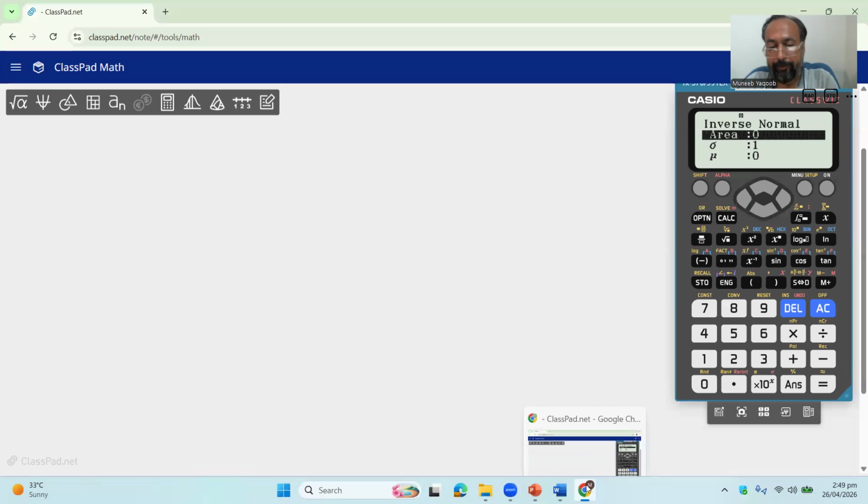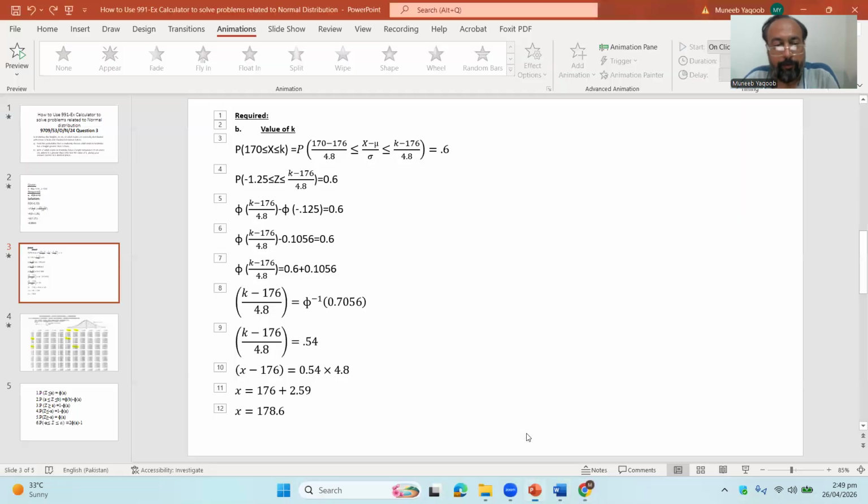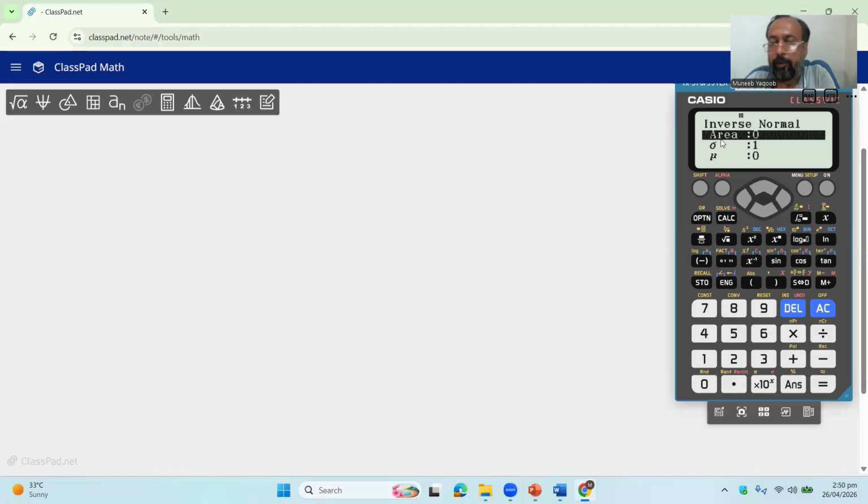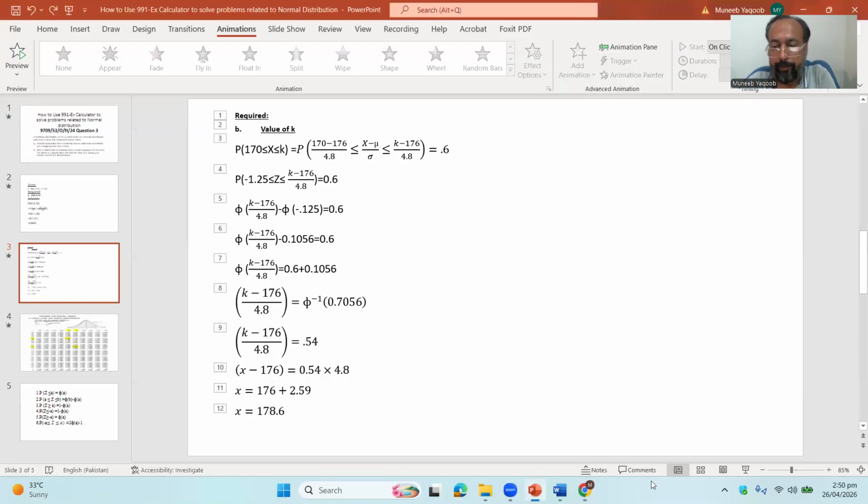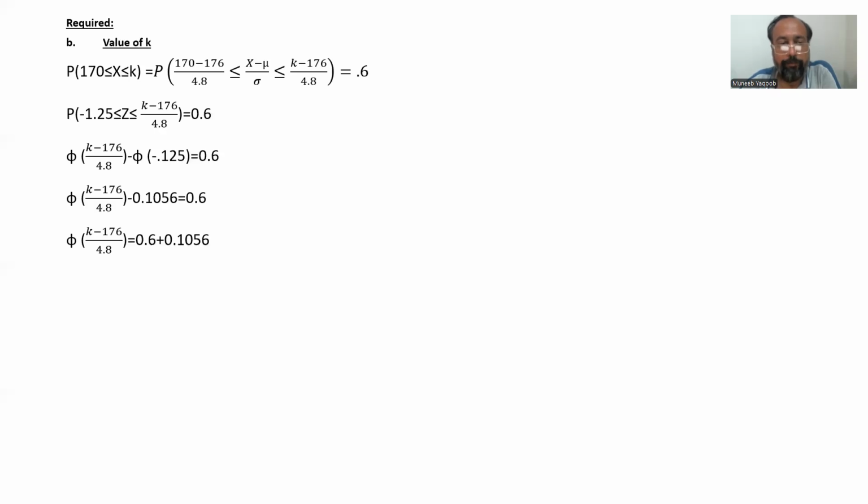Let us just confirm, it was 0.7056. So we will put in the area 0.7056, and hence we will get 0.54 as an answer up to two decimal places.